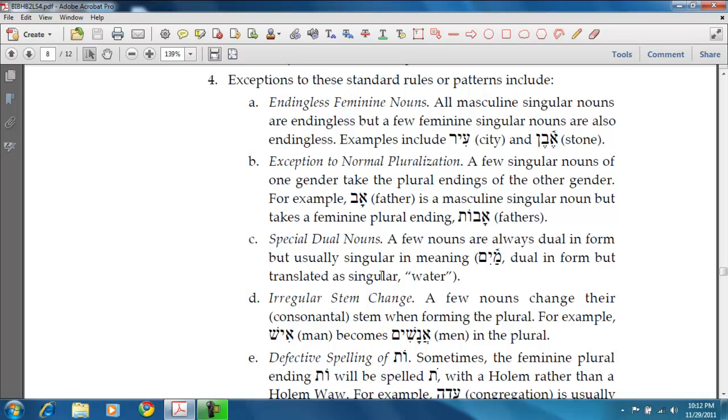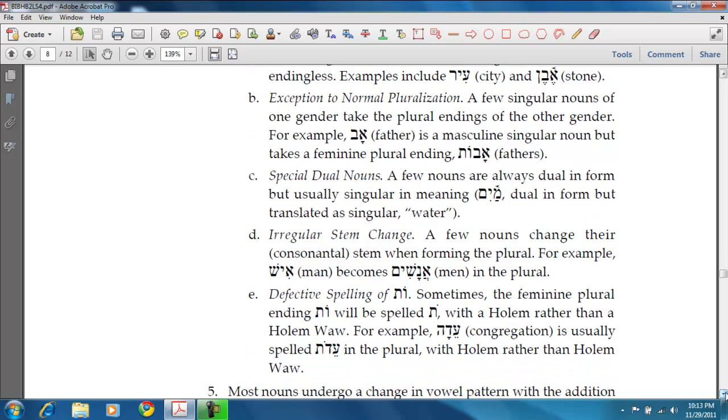Okay, then you have your special dual nouns. There are a few dual nouns that are dual in form, but usually are singular in meaning. Like mayim is dual in form, but translated singular, water. So there is something to the dualness of the understanding of the nouns there. Then you have your irregular stem change nouns, which we went through for ish and anashim and isha and nashim.